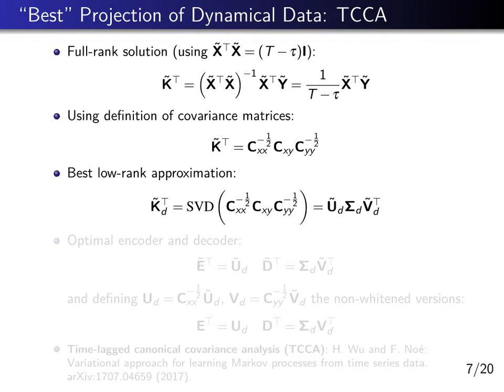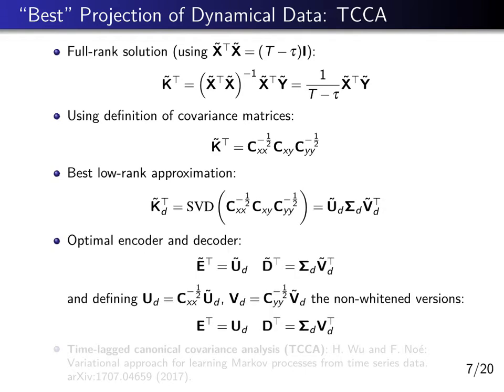So now we have a way to define our optimal encoder and decoder matrices by simply taking the parts of the singular value decomposition. The optimal transposed encoder matrix is simply U, and the optimal transposed decoder matrix is simply sigma times V transposed.